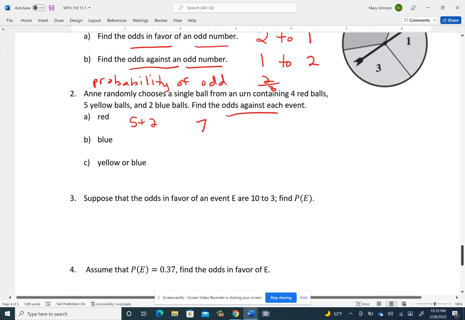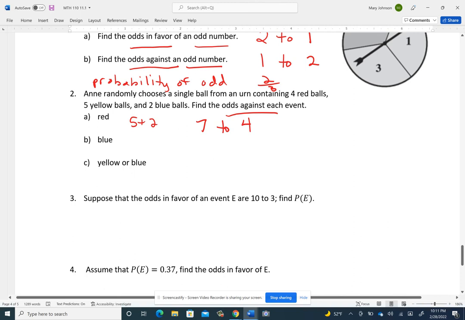So 7 of the outcomes would represent being against red. So 7 of them. And there's 11 all total, aren't they? But here we're doing odds. So we would say 7 to 4. The odds against getting a red ball would be 7 to 4.